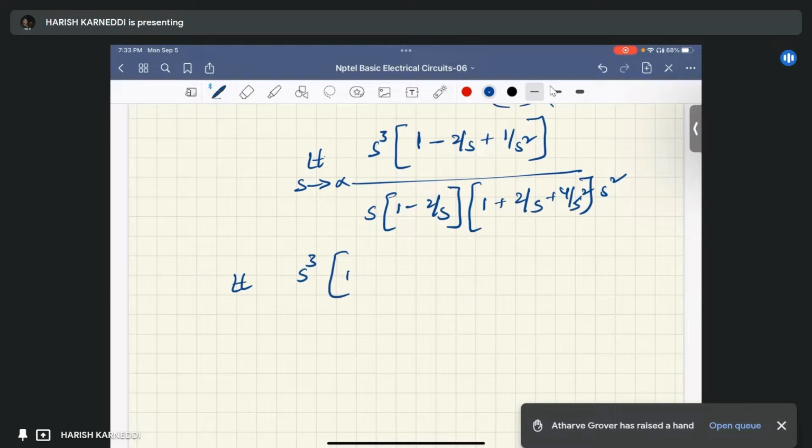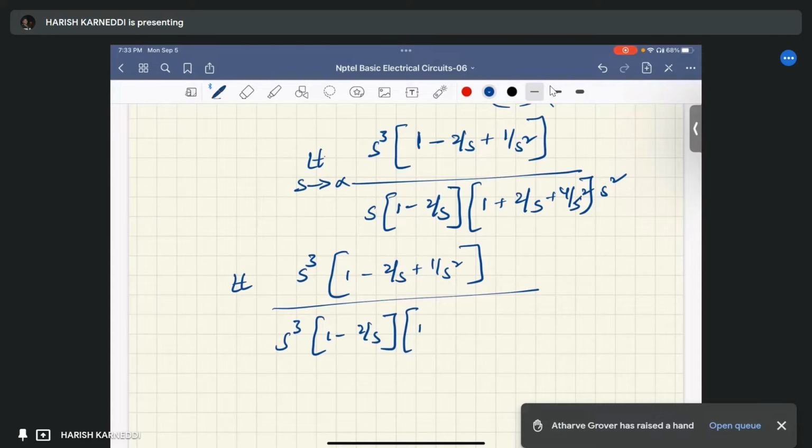The function remains the same, 1 minus 2 by s plus 1 by s square, and s cube, 1 minus 2 by s. Yeah, this s cube and this s cube will cancel.